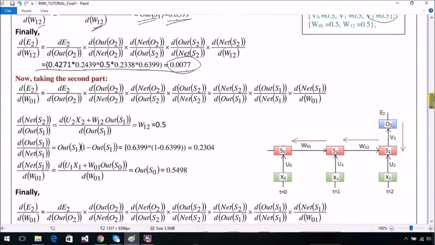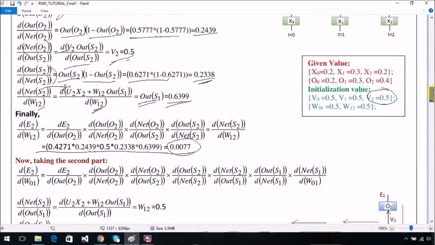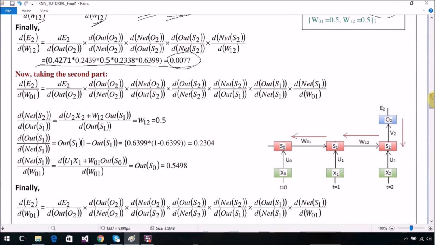So now the second part is, as we discussed earlier, the back propagation path for error at E2 will follow this path. The next weight which comes in this path is W01. So we will take the partial derivative of E2 with respect to W01.